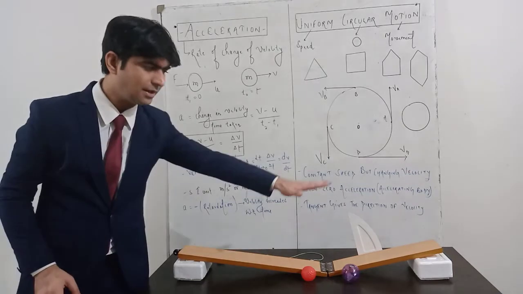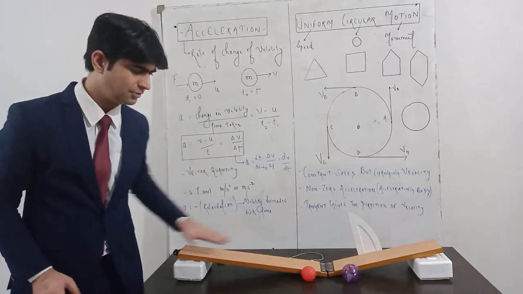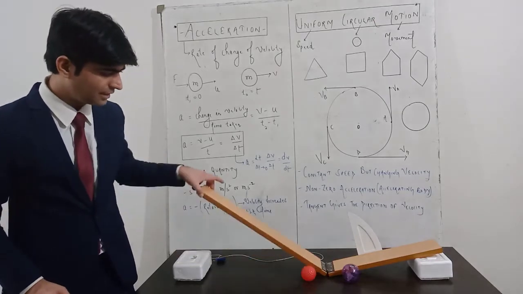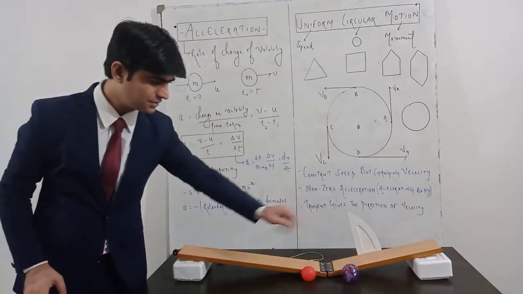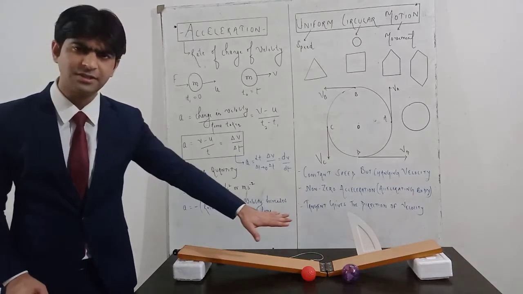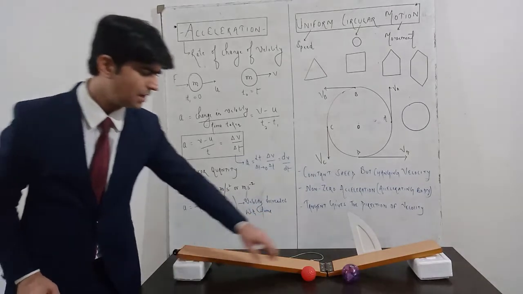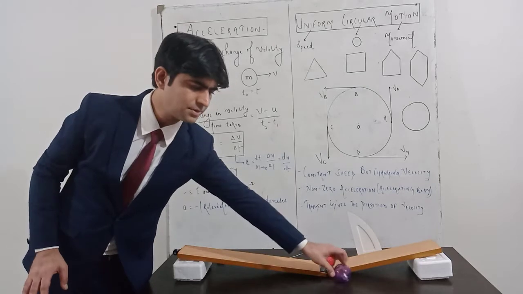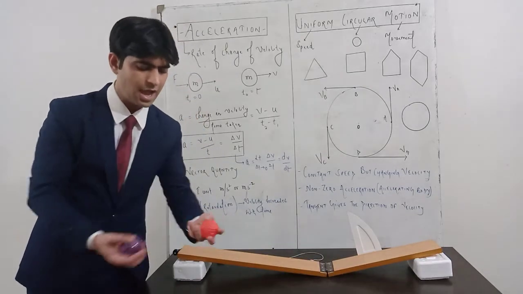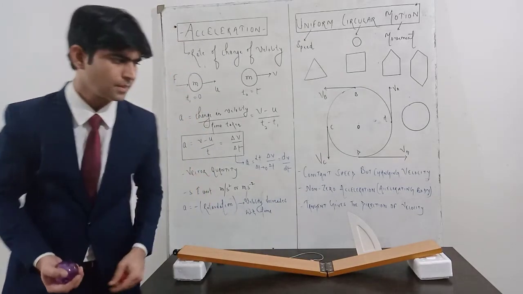Here I have an inclined plane at both the sides. The angle of inclination doesn't matter here for us, and I have two balls of different masses. One is made up of rubber and another is made up of plastic.